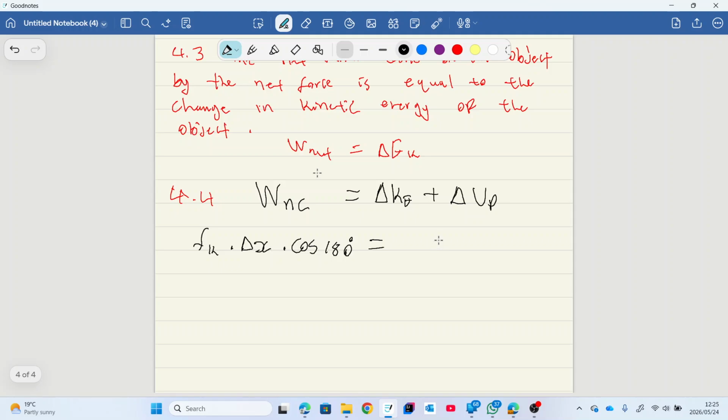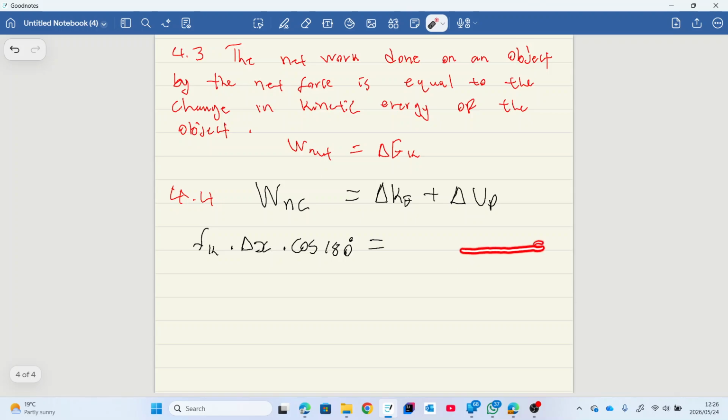Sure. So the kinetic frictional force always acts in the opposite direction of displacement. That's why it is the cosine of 180. Cosine of 180 degrees is minus 1. So it simply means in the opposite direction. When they are going in the same direction, we use 0. So why is it 180 and 0?